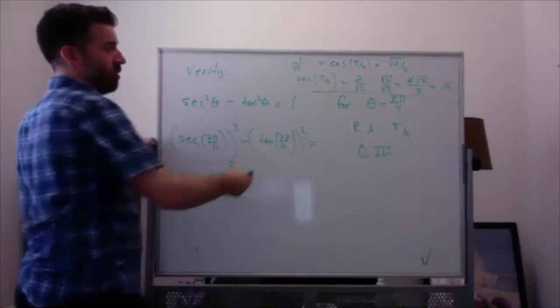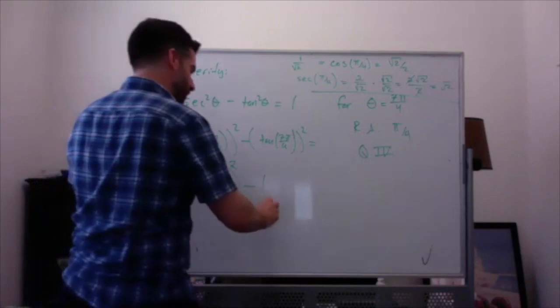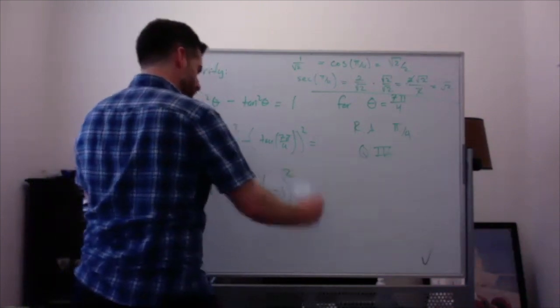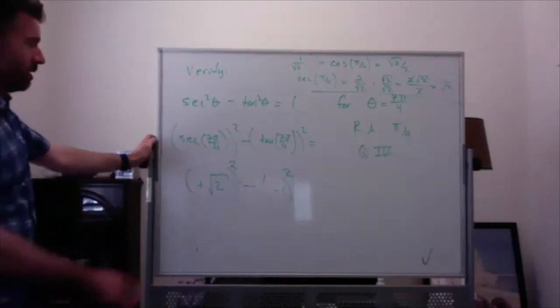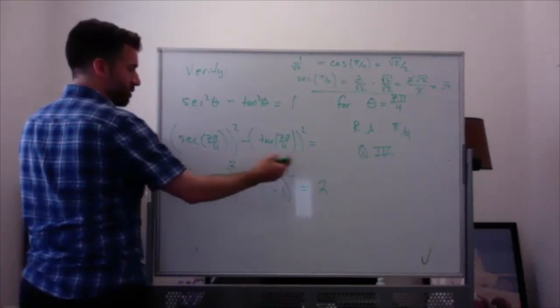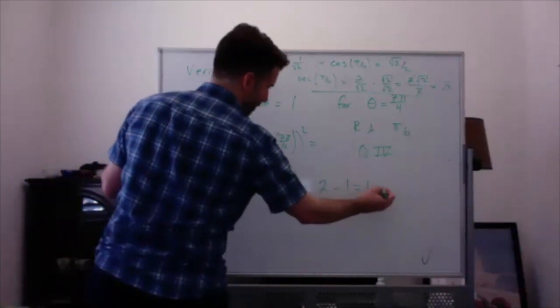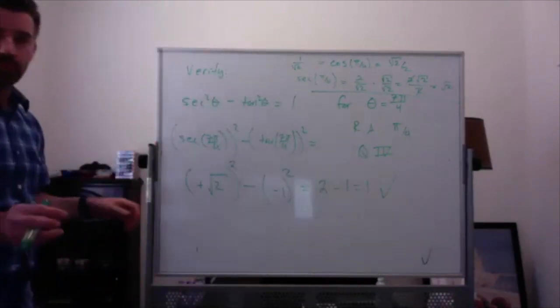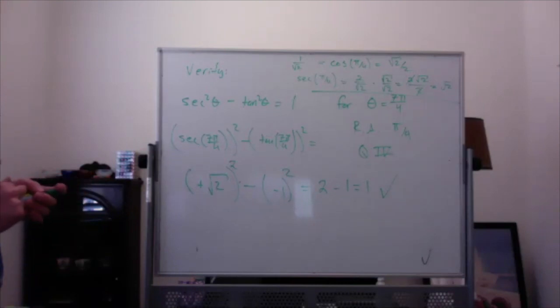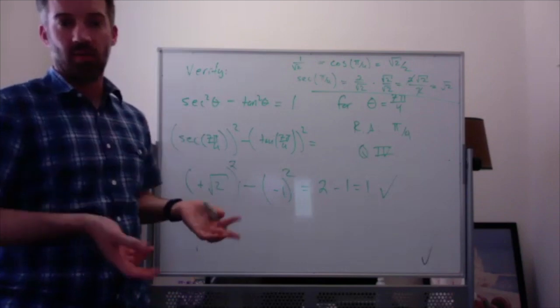Tangent of 7 pi over 4, well, I know that tangent of pi over 4 is 1. So tangent of 7 pi over 4 is going to be negative 1 quantity squared. The square root of 2 squared is 2. And negative 1 squared is 1. And 2 minus 1 is 1. And it works.